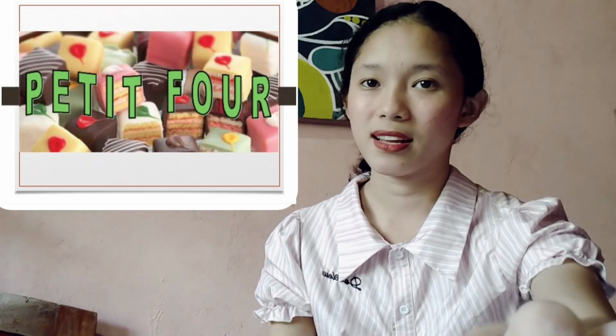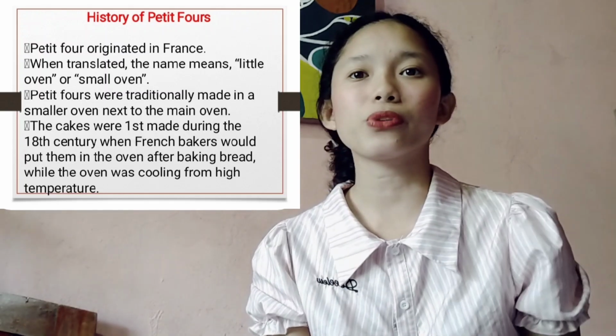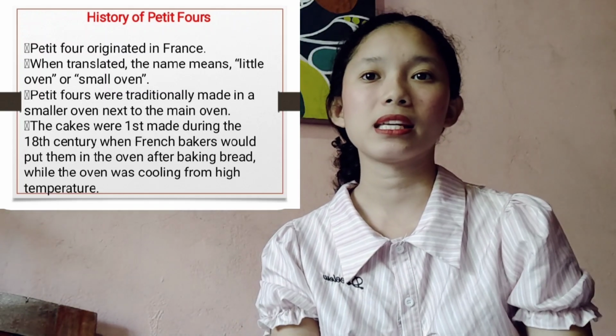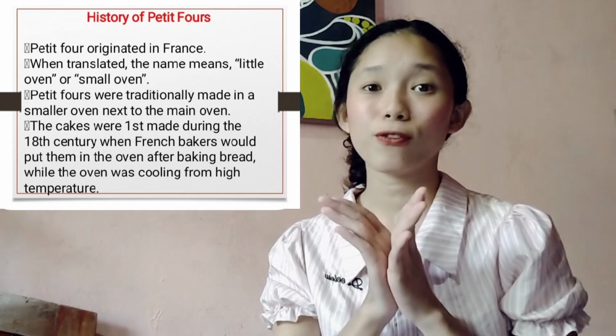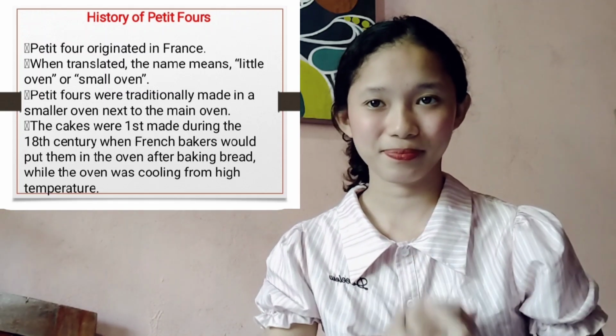Okay, let's proceed to the Petit. Now, what comes to your mind when you hear the word Petit? Okay, the word Petit means small. Now, the history of Petit is it originated in France, which means little oven or small oven.